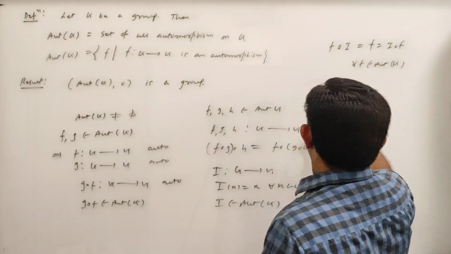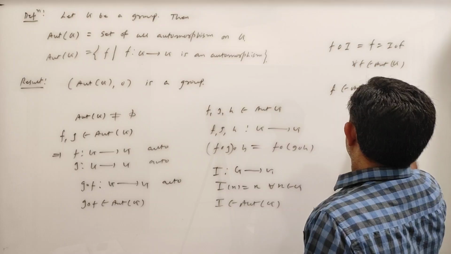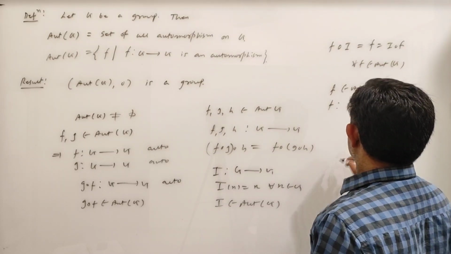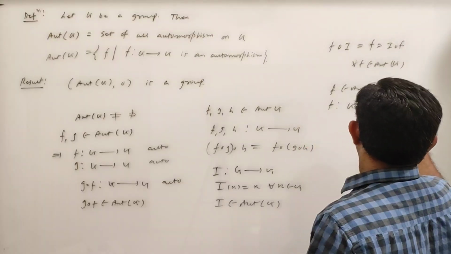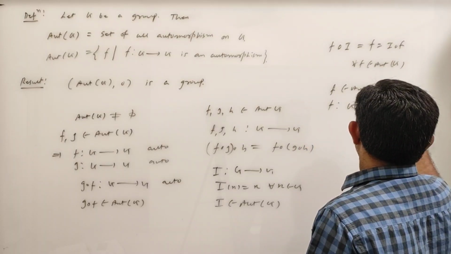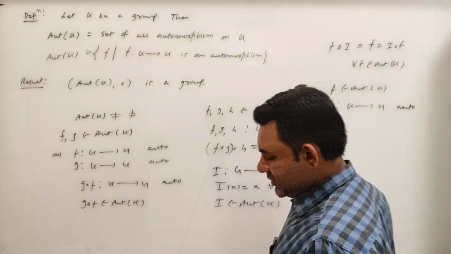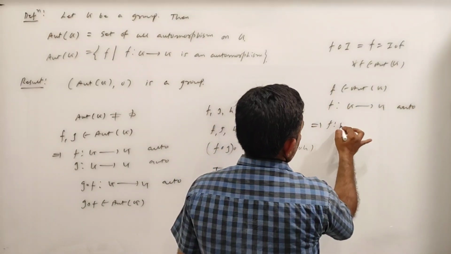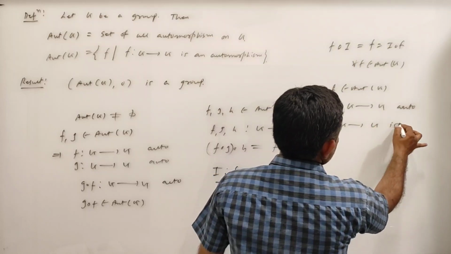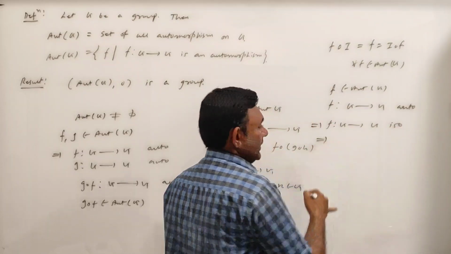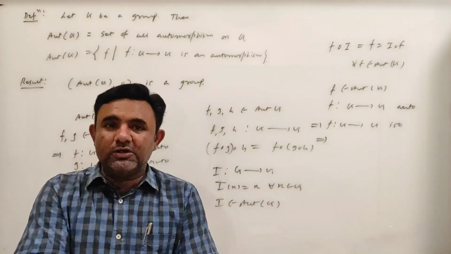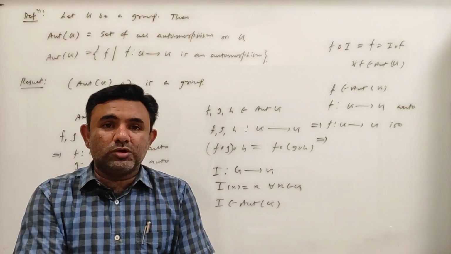Now what about the inverse? If f belongs to Aut(G), then f is a mapping from G to G and it is an automorphism, therefore an isomorphism. We know that if phi from G to G bar is an isomorphism, then phi inverse from G bar to G is also an isomorphism.